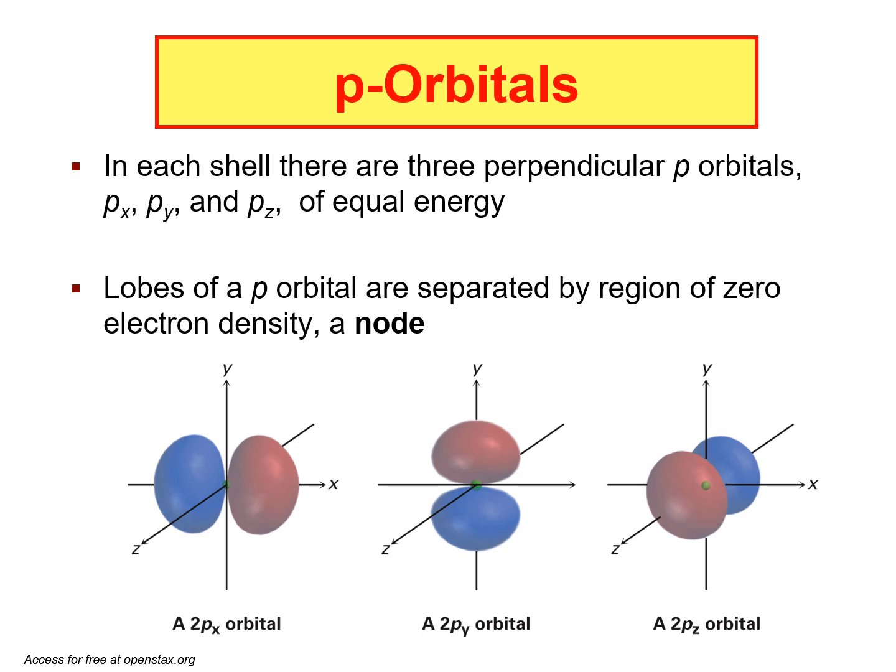They are called px, py, and pz based on where the probability of finding the electrons is the most. If the probability is maximum on the x-axis, we call it a px orbital. If it is on the y-axis, we call it py, and on the z-axis, pz. There is also a node here, which is the region of no electron density.